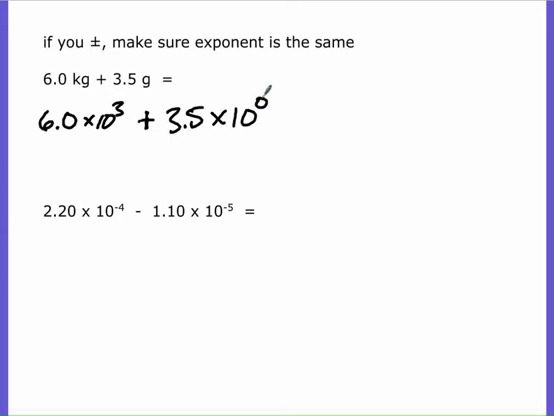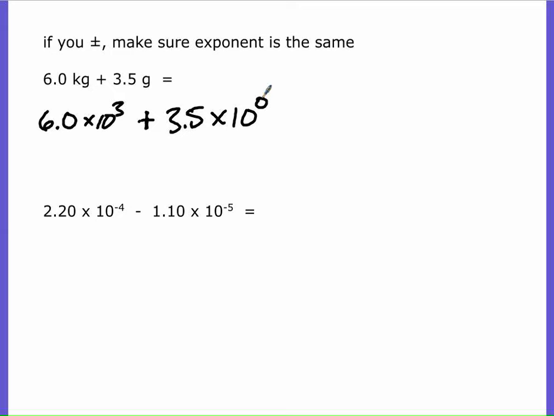Now remember, 10 to the 0 power basically is just times 1, so I don't even need to write that at all. But I'm showing those powers of 10 because that is what the metric system is all about, powers of 10. So adding and subtracting in scientific notation is exactly the same as adding and subtracting using different units in the metric system.